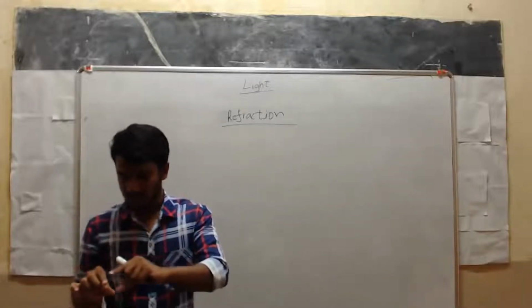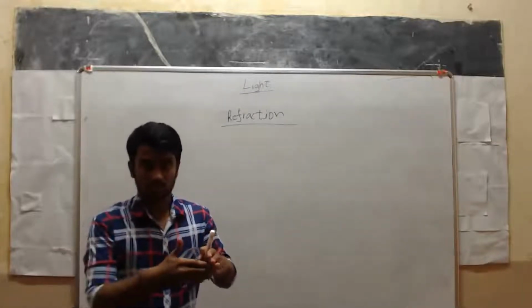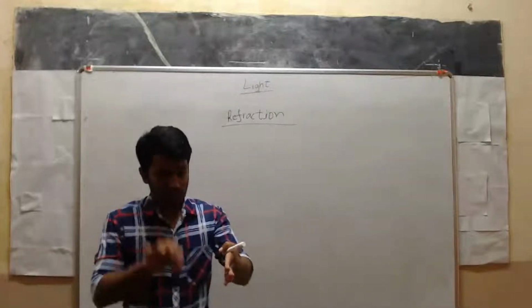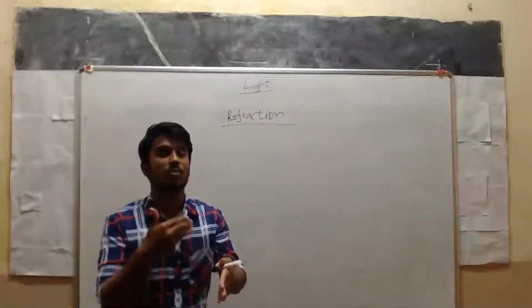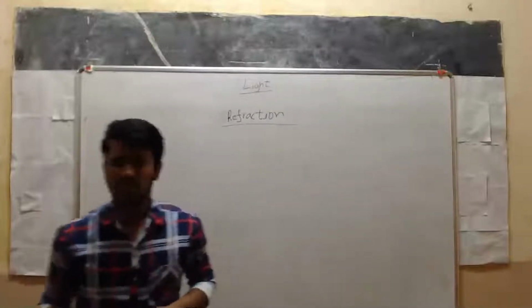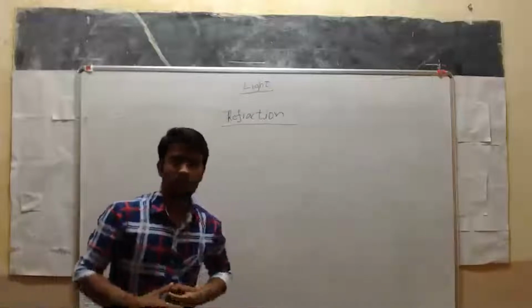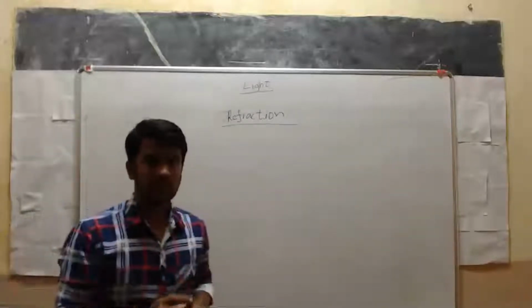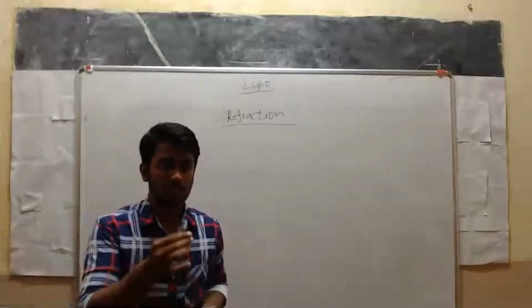Here light is traveling through glass. So now here light is passing, right? So I am keeping one glass here. So in this case, light bends. You have seen some optical phenomena. For example, when you immerse a pencil in water, it looks bent, right?